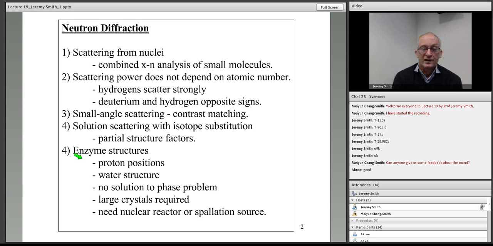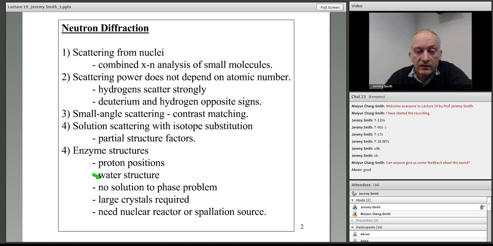We don't know where they're positioned in an active site, and they could jump almost anywhere. So to know where they are is very important. And neutrons, because they see hydrogens, can be used to position them in an active site, and therefore drastically narrow down the number of combinations of reactions that is theoretically possible.